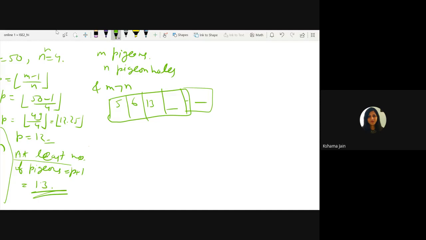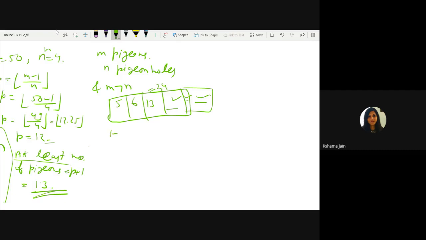If the question is which pigeonhole has the least number of pigeons, then we say 0, 0, 0. But the statement says one pigeonhole must be there. How many are these? 13 plus 6 is 19, plus 5 is 24. Total of 24. There are two statements I'm trying to differentiate.